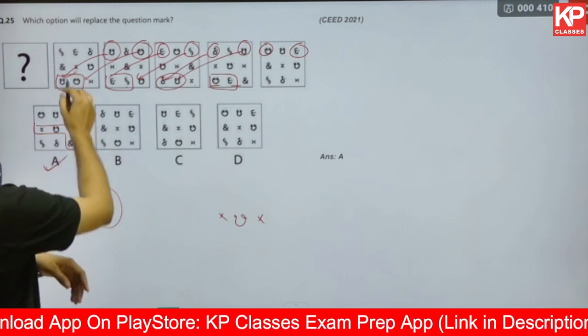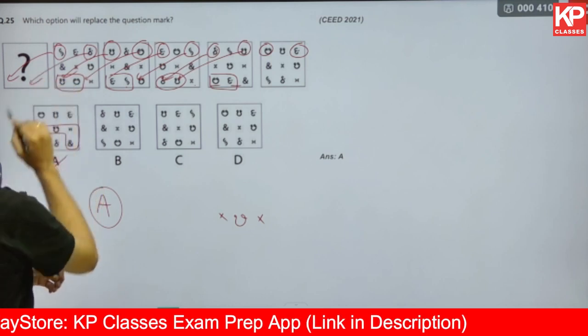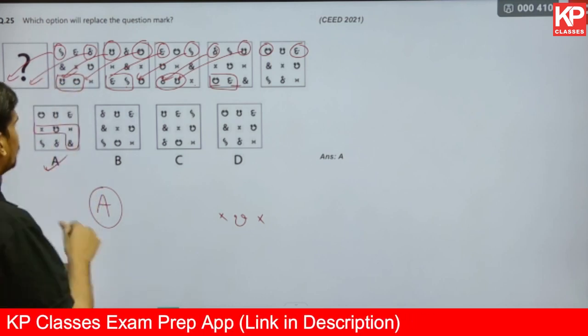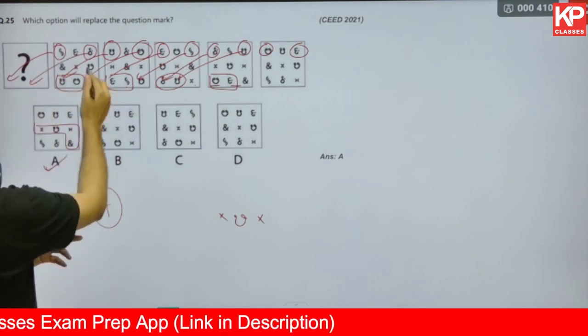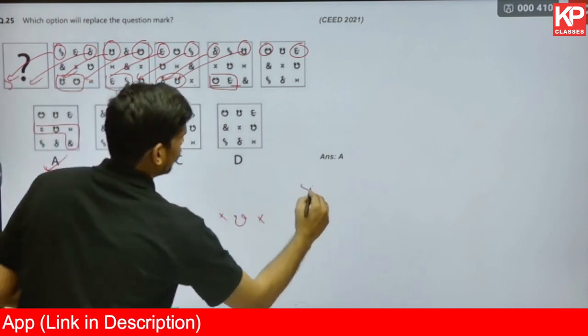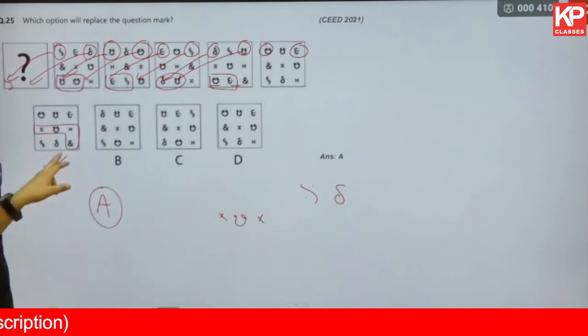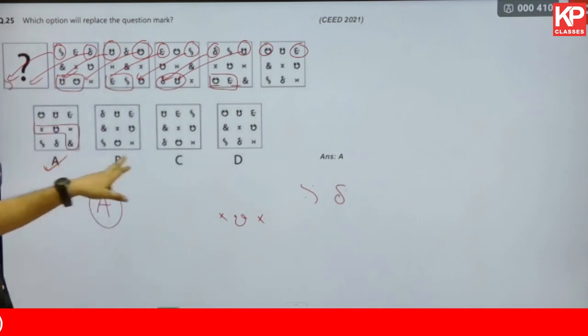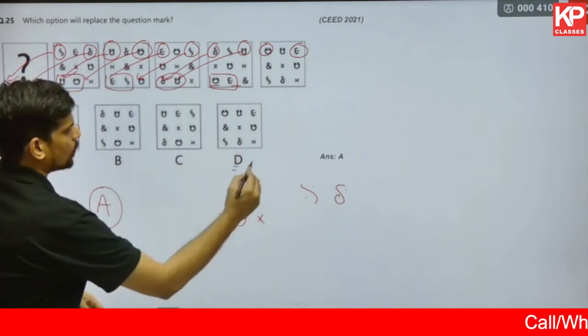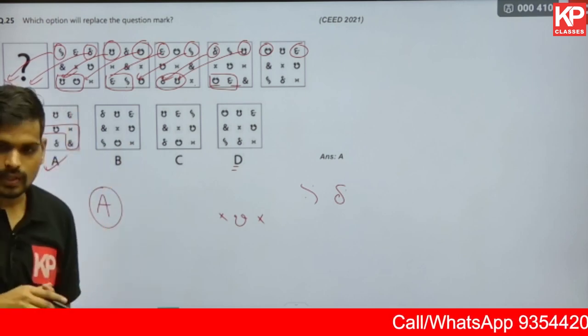So my answer has to have this top left and top right as the first two elements in the bottom row. I'm having that in option A and also option D. In fact, option D also has that, but option A meets the other logic also.